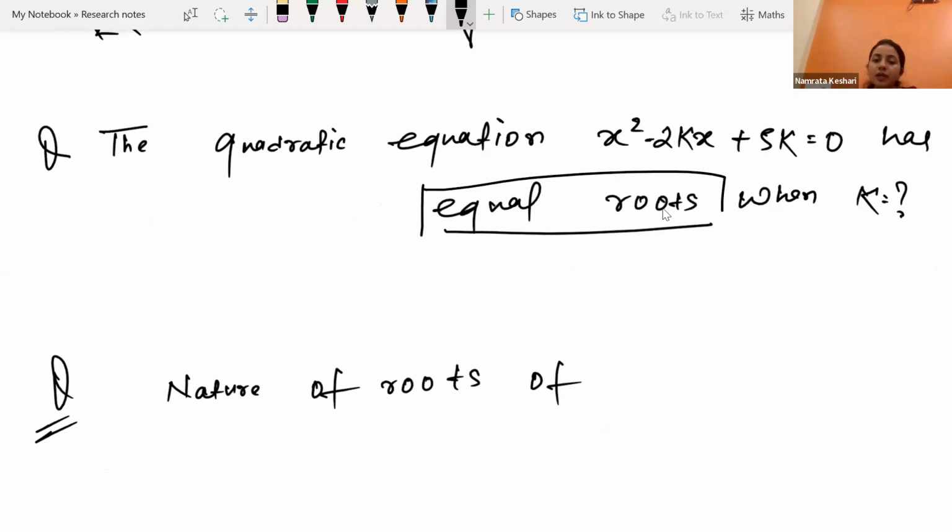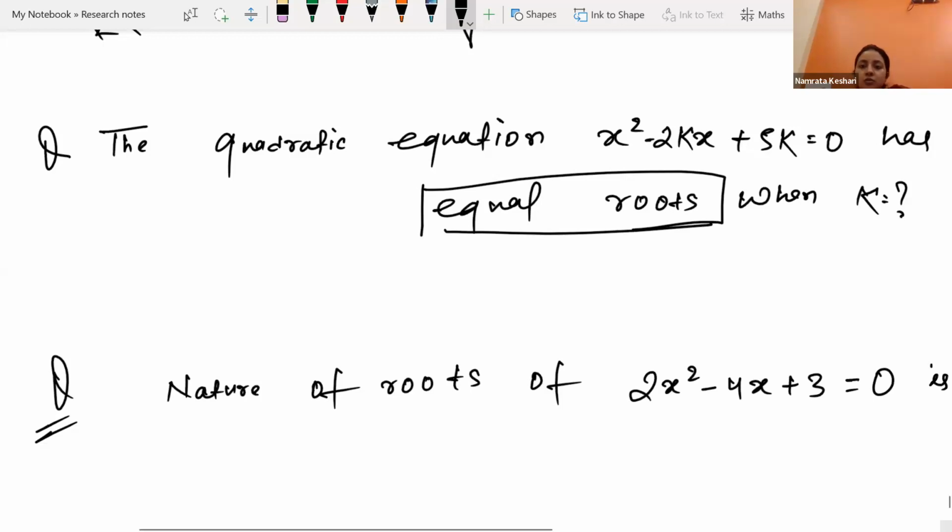So that particular case we will be taking, and from there we will be finding the value of k. Anyone who has already found the value of k?